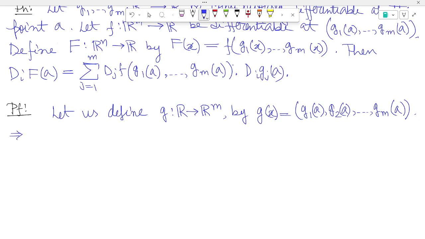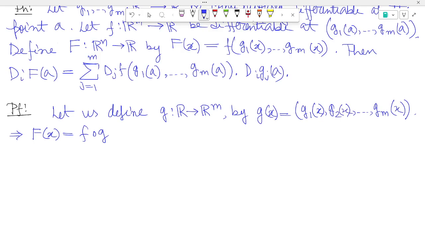This implies F is f composed with g of x.